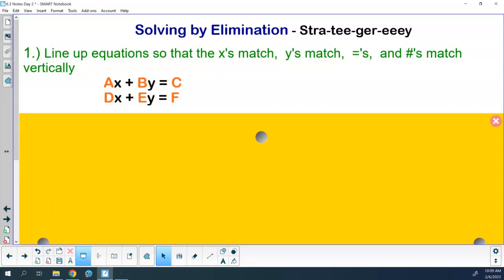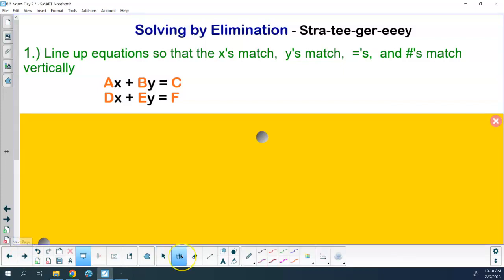First off, you've got to line up the equations vertically so that the x's match, the y's match, the equal signs match, and the numbers match, so that everything is in vertical alignment. Okay? So that'd be step number 1.